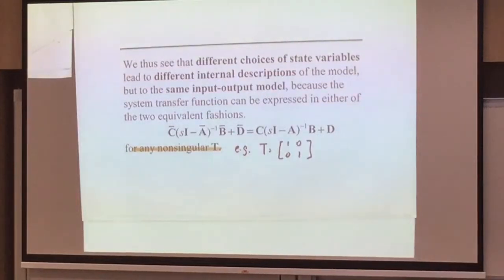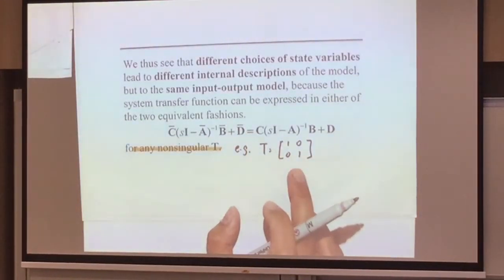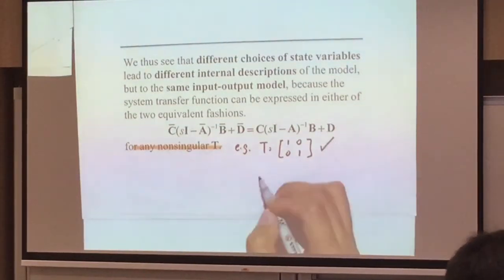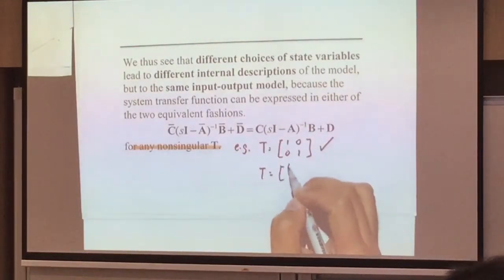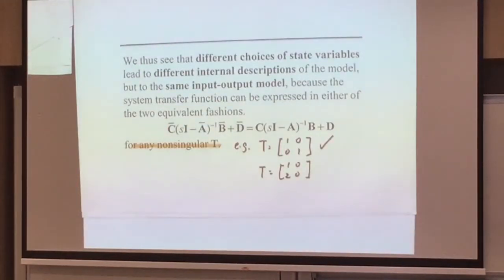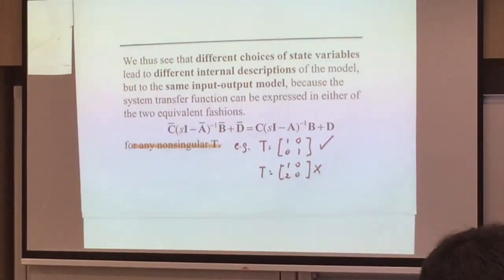If T is [1 0; 0 1], is this singular or non-singular? This is non-singular because the rows are linearly independent. But what if T is [1 0; 2 0]? Is this non-singular or singular? Singular, right? Because you can describe the second row by the first row.